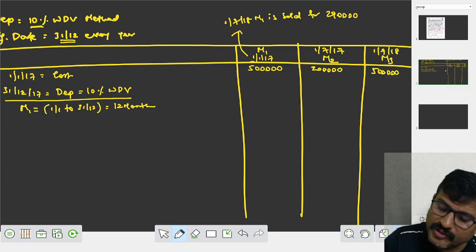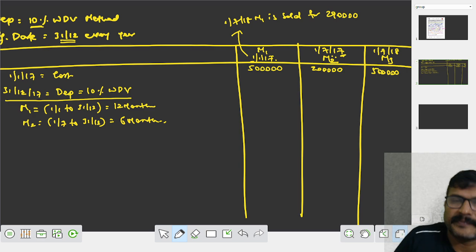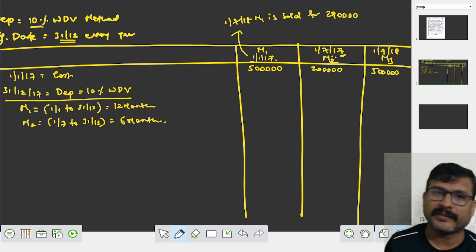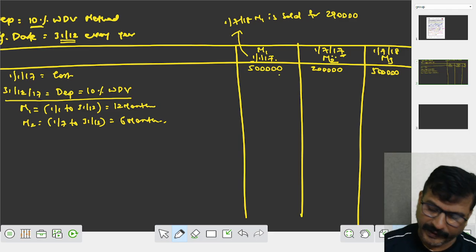M2 is purchased on July 17, in the same year. M2, 1st July to 31st December, comes to 6 months. Take the calculator. 5 lakh into 10% into 12 by 12.